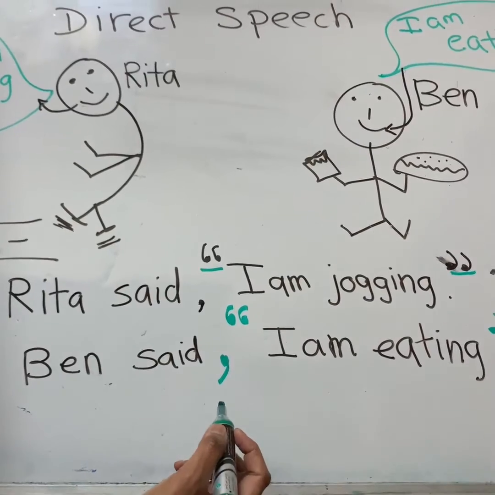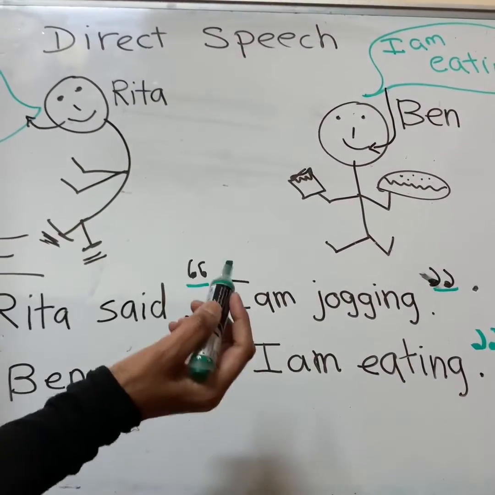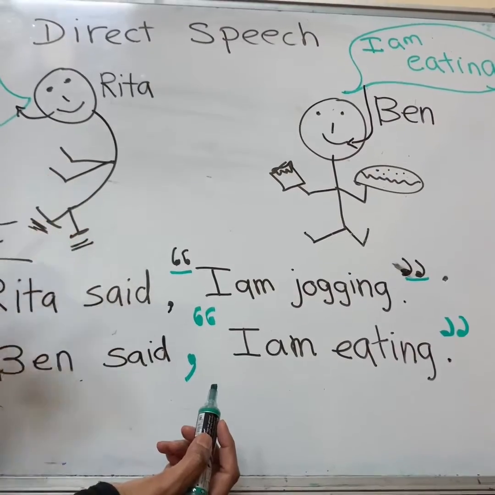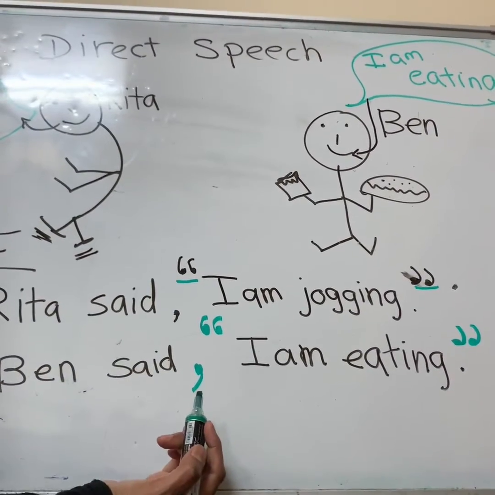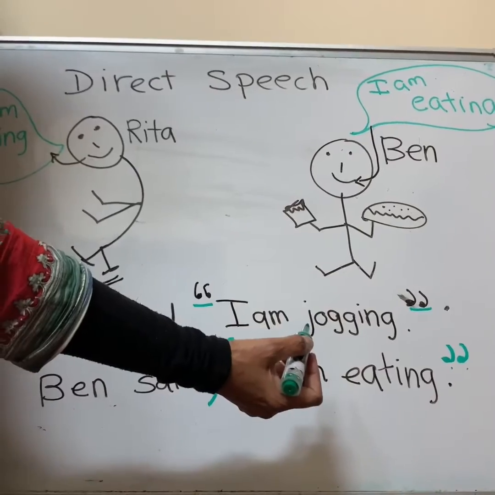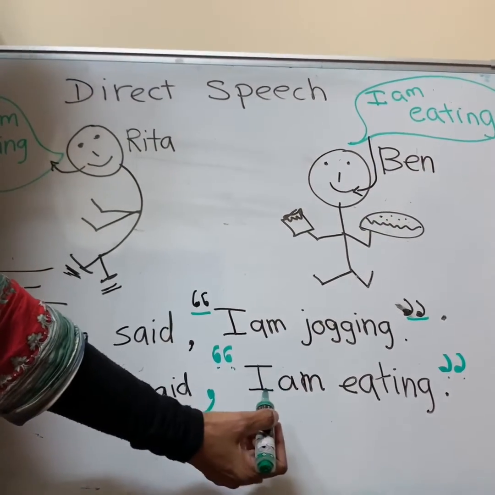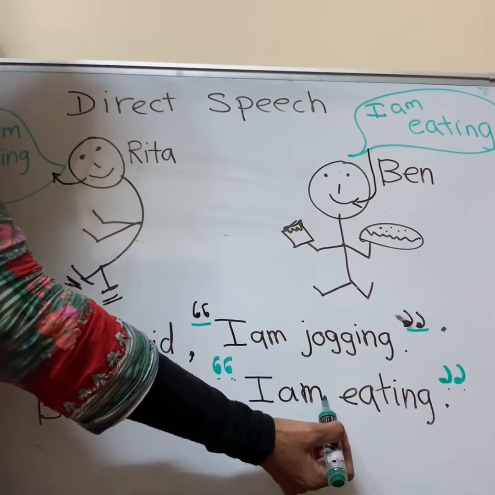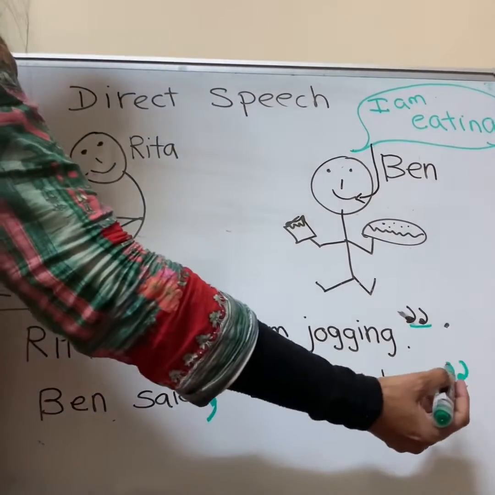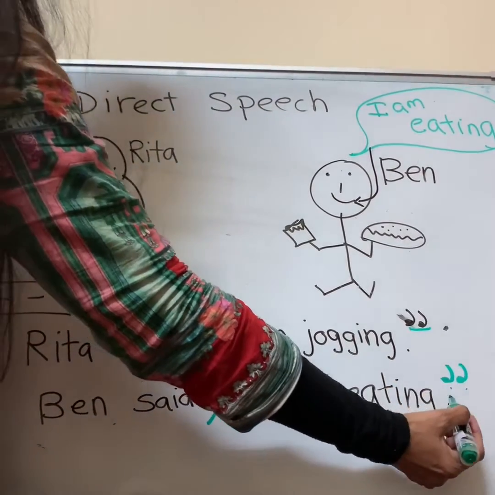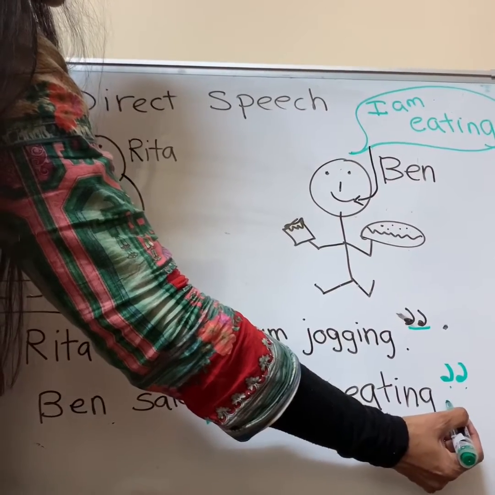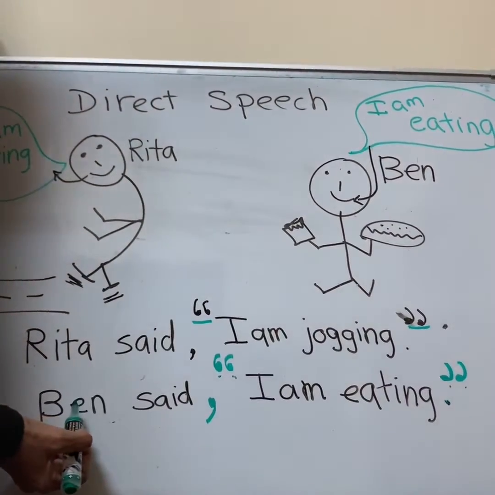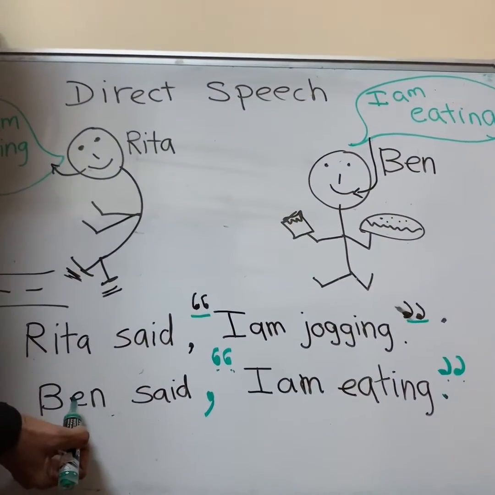I want to give you some tips about speech marks. When you're writing speech marks, concentrate on these things. For example, always remember they come in pairs. Okay? And now I'll also make a note of it. Here we are ending in a full stop because this is just an ordinary statement.